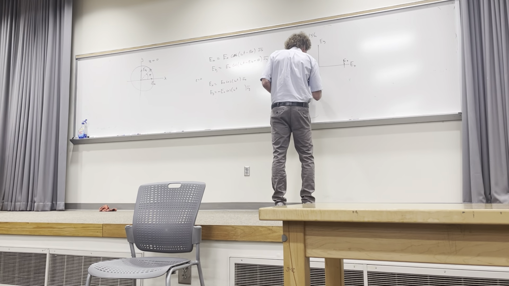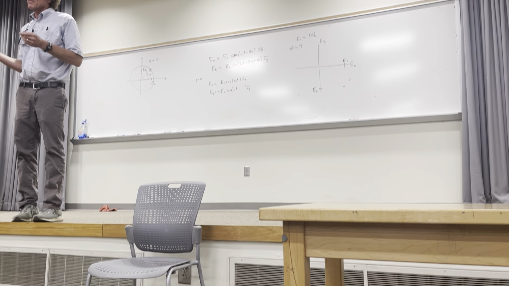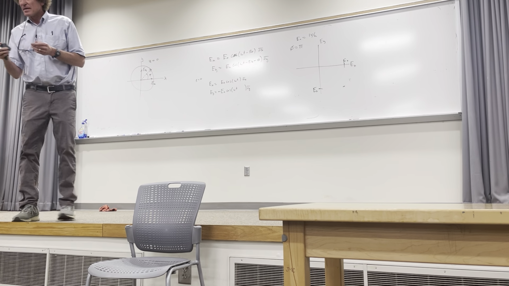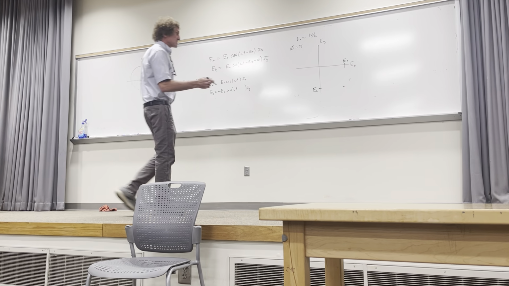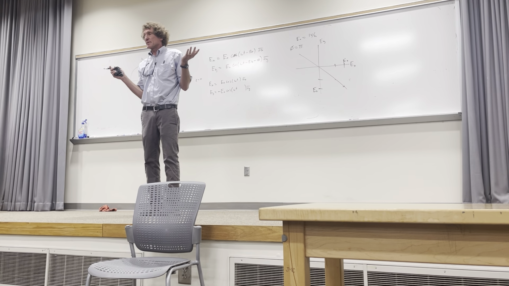Who wants to guess the next point if omega t is 45, or pi? It's going to be the same as what was up here, only mirrored down here. It's going to be right here, isn't it, class? And you can see now this one goes from upper left to lower right. Y'all follow me? Those are the two possibilities for linear polarization when you're talking about same magnitude fields.